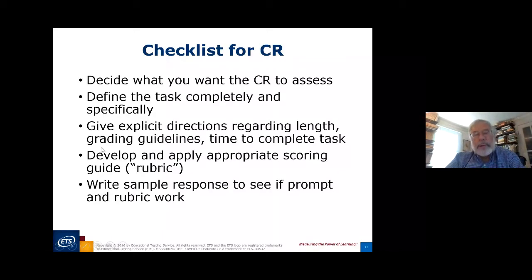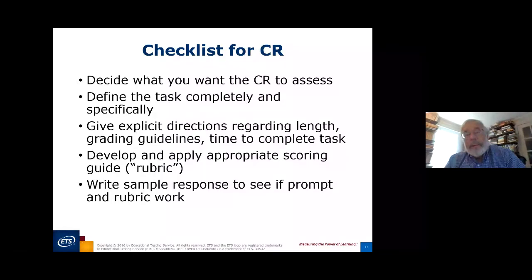Definitely give explicit directions. What is the length, the grading guidelines? You will have 20 minutes to write an essay. Somewhere in the materials, it should say, we expect something in the neighborhood of a paragraph or 4 paragraphs or whatever it is you want. The fourth bullet is a big one. We call them scoring guides or rubrics.